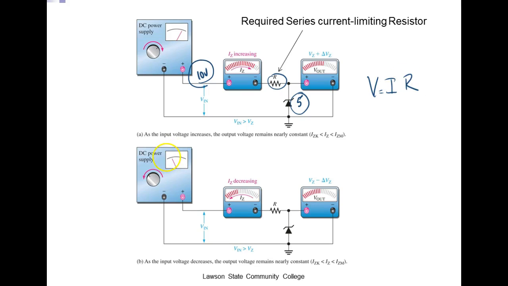Okay, so let's say over here the input drops down to 7 volts. This guy right here is still 5 volts. So what's this resistor got to drop now? It's got to drop 2 volts. Up here it's dropping 5, down here it's dropping 2.